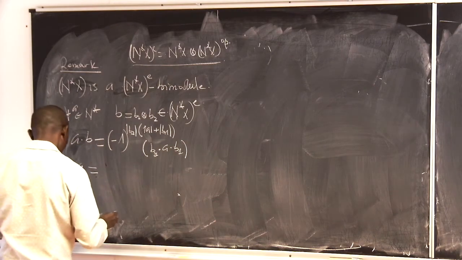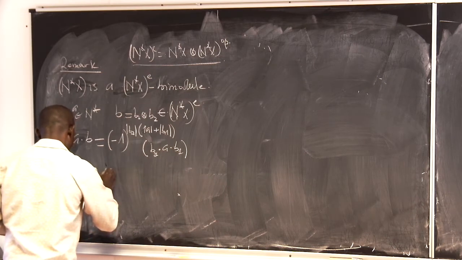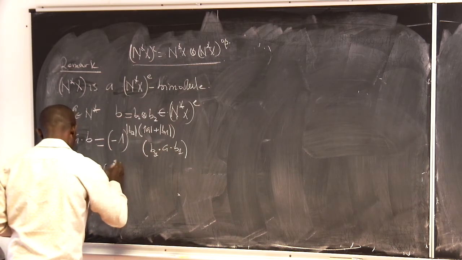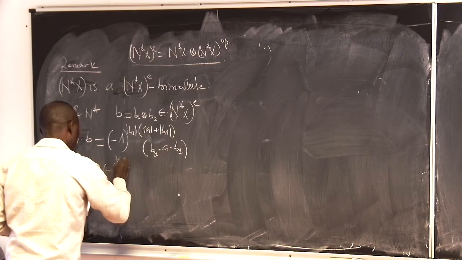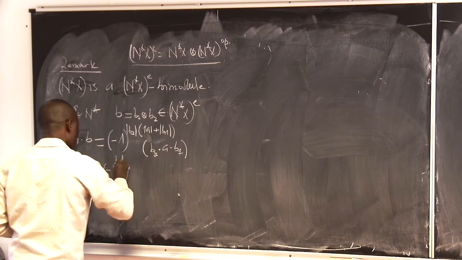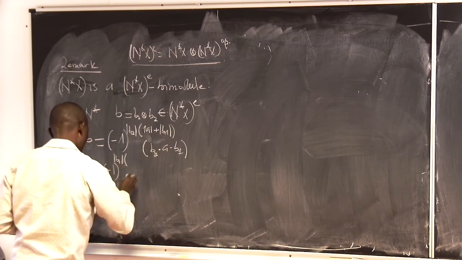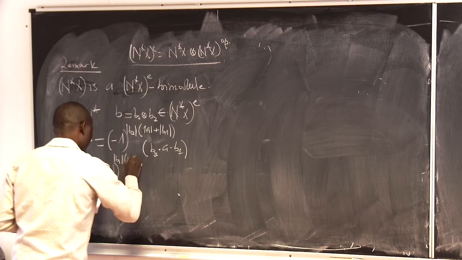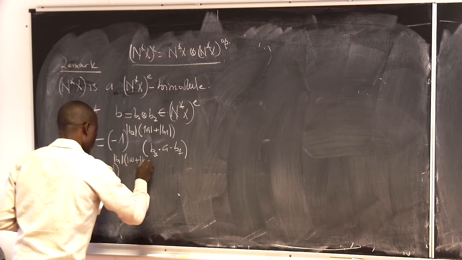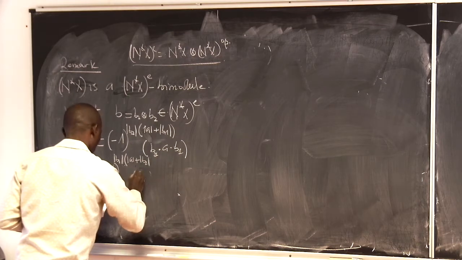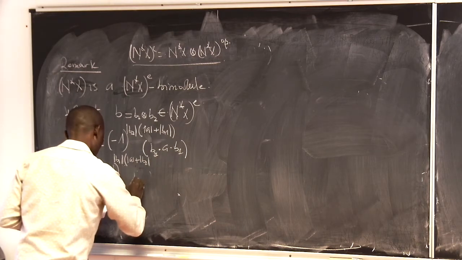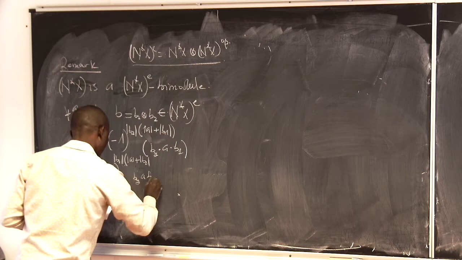The left action is given by B dot A equal to negative 1 to the degree of B1 times degree of B2, B2 A B1.